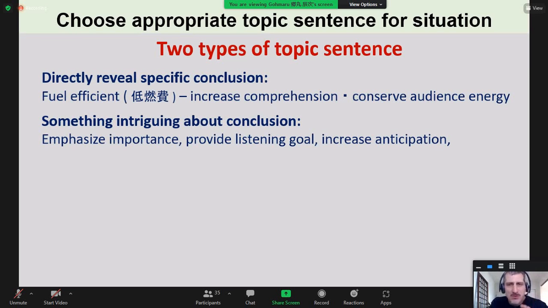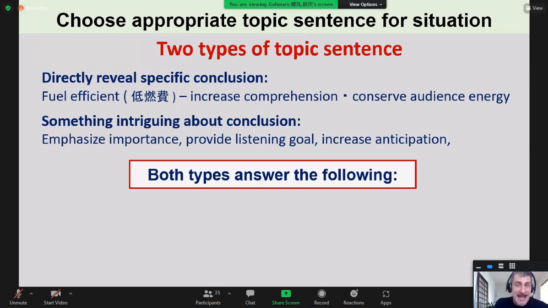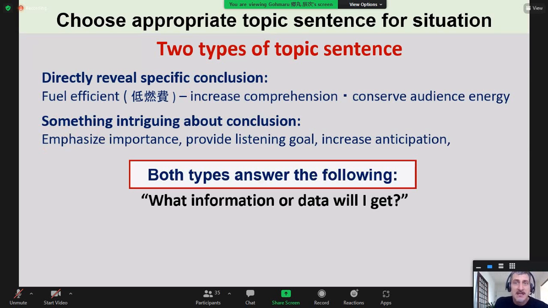But whichever of these you choose, I find that when students choose this second version, it ends up being too vague. They say, oh, but this is just a partial conclusion. But it's not enough, very often. So a good test for this: ask yourself, does my topic sentence answer these three questions?